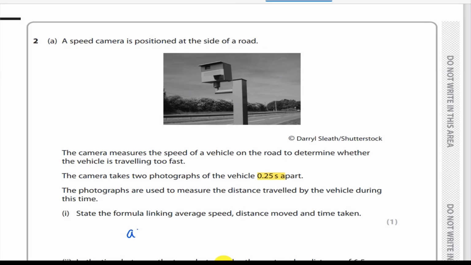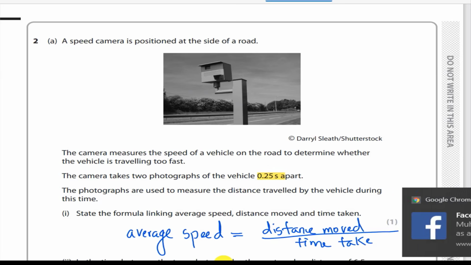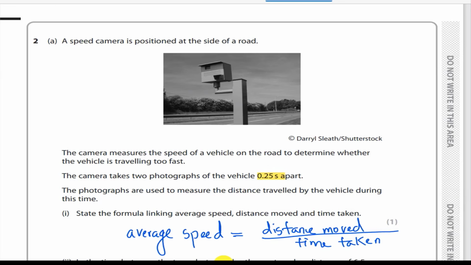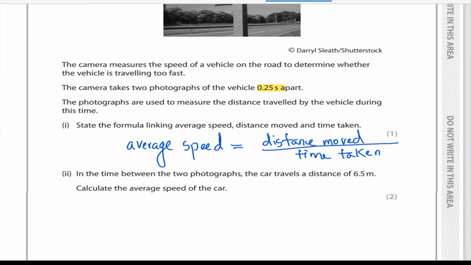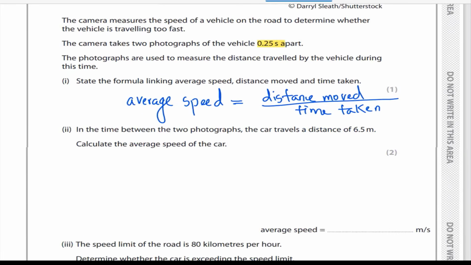We know average speed equals distance moved divided by time taken. Now we have to find the average speed.